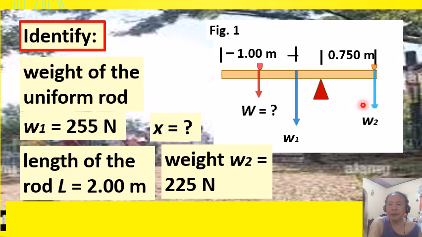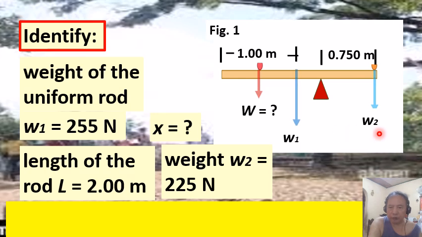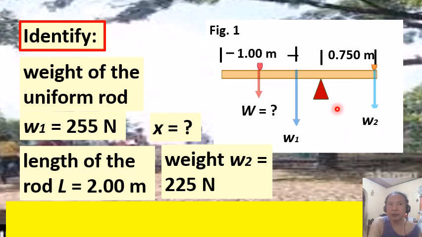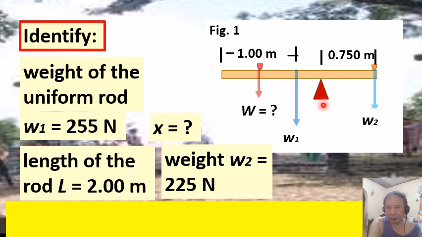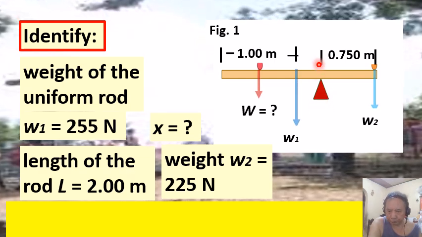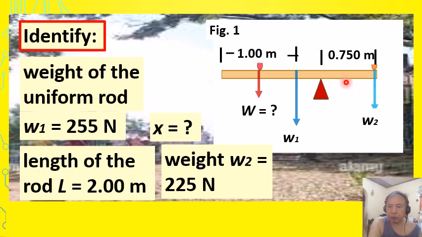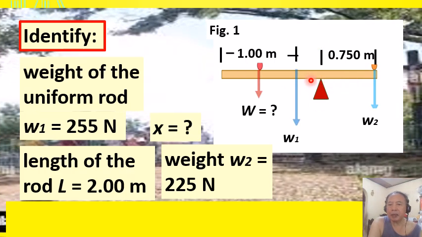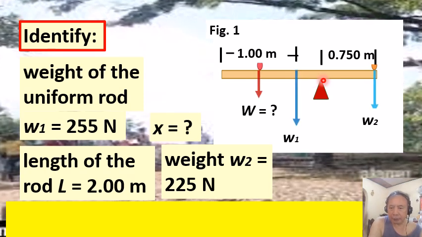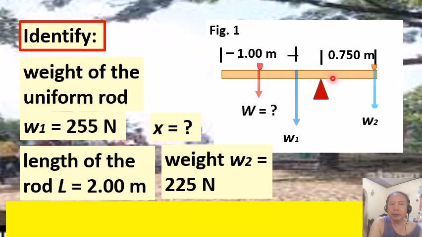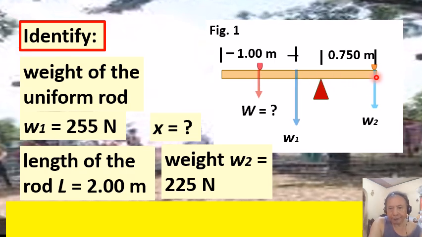Aside from the three downward vertical forces, W, W sub 1, and W sub 2, there is, of course, the upward vertical force exerted by the fulcrum. And if the rod is to remain in perfect static equilibrium, the sum of the vertical forces must be equal to 0.